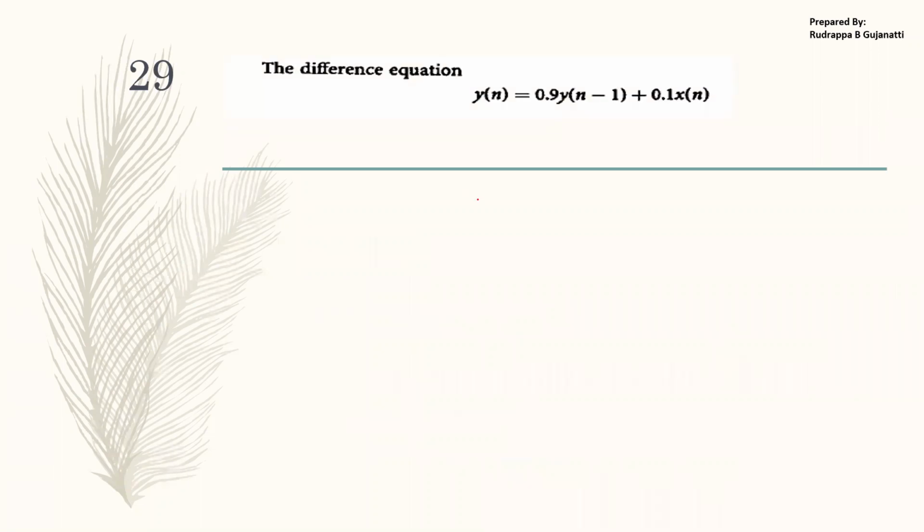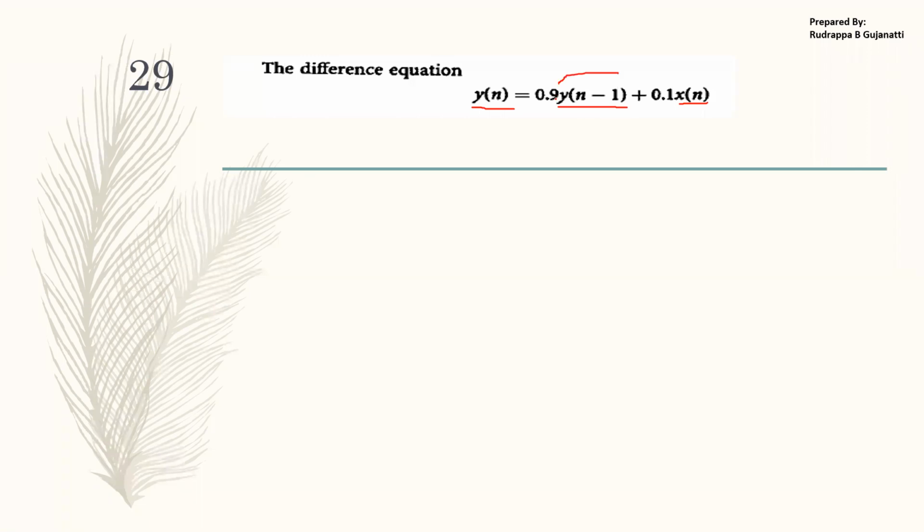So here you can observe there is a difference equation. First, I should try to estimate whether it is an IIR or FIR related equation. If I observe here, the present output y of n is dependent on the present input, and apart from that it is dependent on one of the past values of the output.